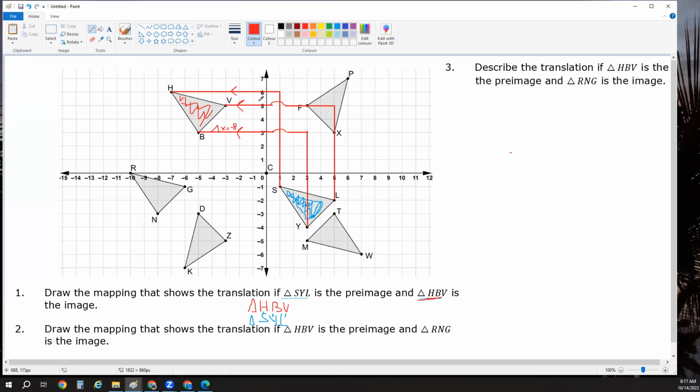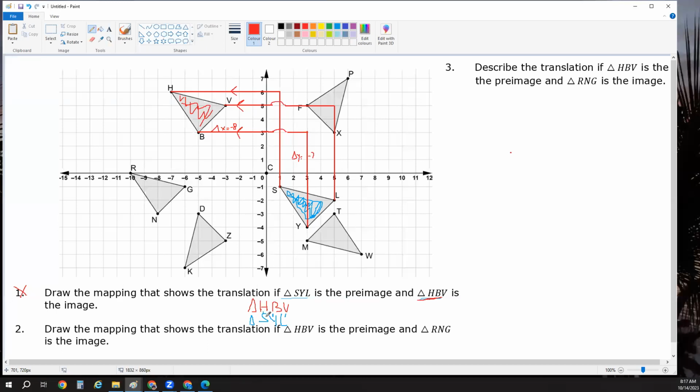And then the change in Y is 1, 2, 3, 4, 5, 6, 7. I counted it twice. I'm pretty confident that the change in Y equals -7.